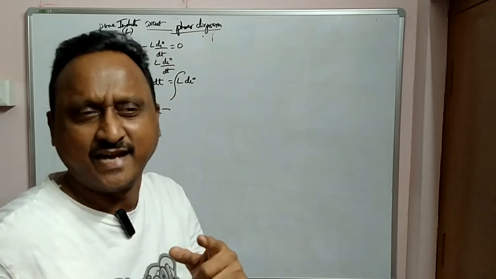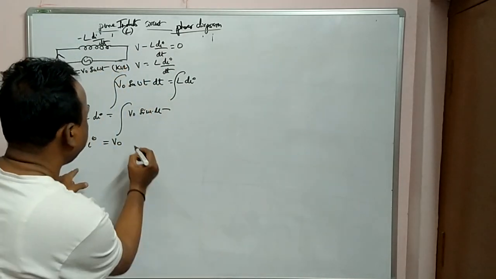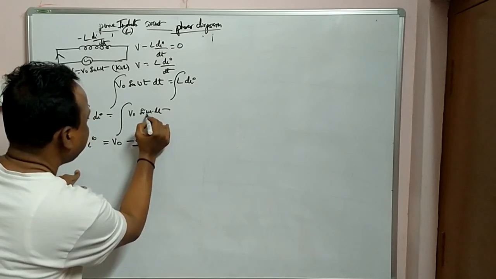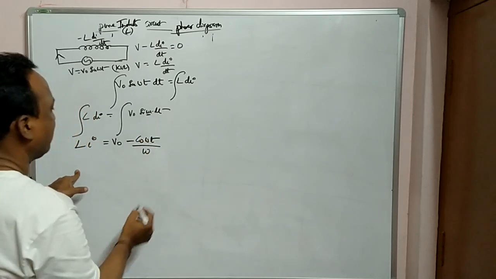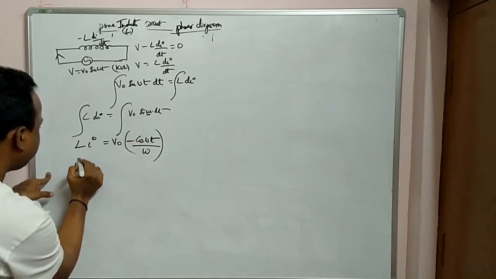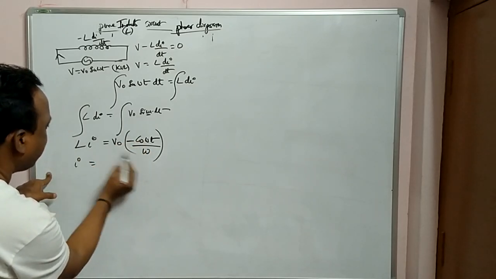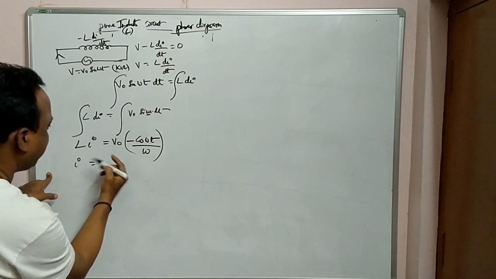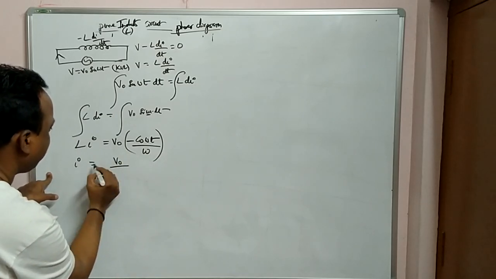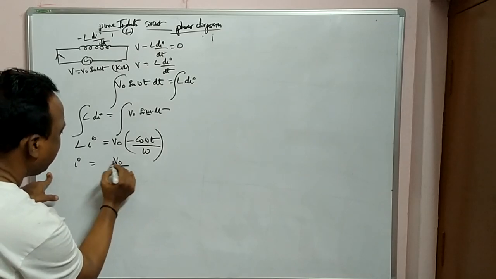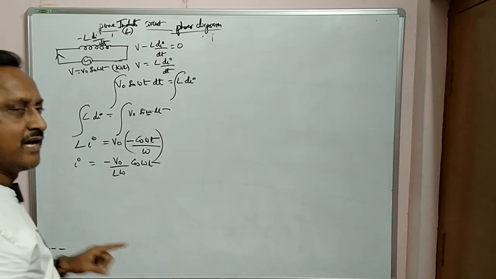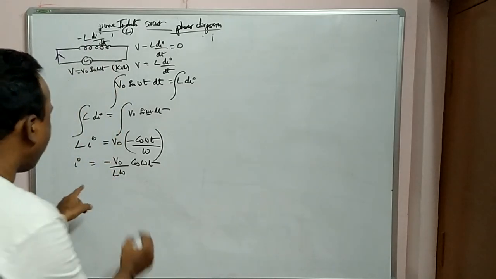Integral of sin theta is minus cos theta, because it is integration. So minus cos omega t by omega. So finally I is equal to V0 by L omega, of course with the minus sign, cos omega t. Observe carefully, this is the peak value.